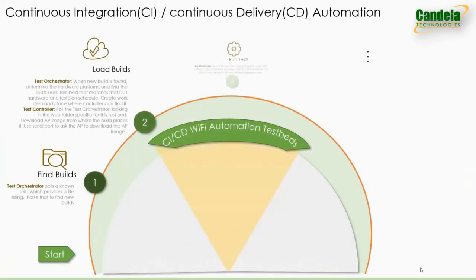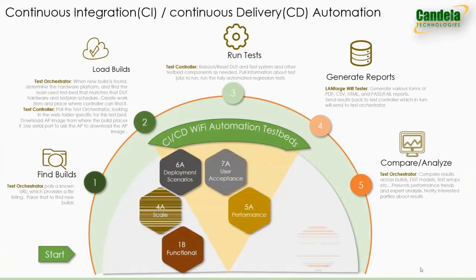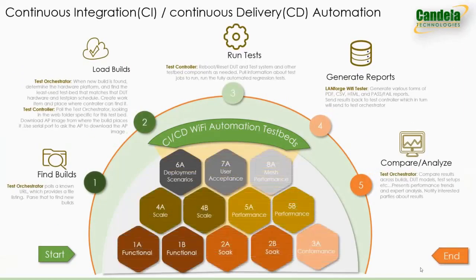So the framework we're currently using for CI/CD contains the following key components. The test orchestrator automatically finds new builds, figures out the test plans to execute, and the available test beds to run those tests on, and passes this information onto the test controller.